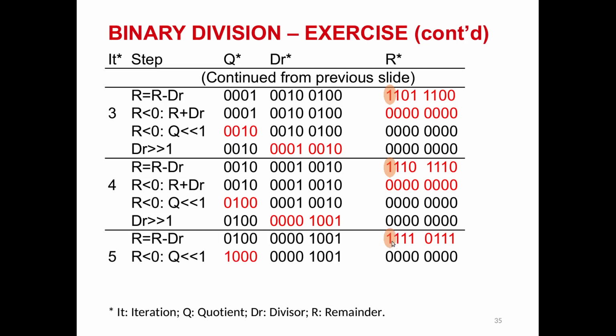is 1, and so we need to revert the value back to the previous one by adding R together with dr, and we also need to push the new value of Q, the bit 0, at the end of the previous Q, and shift everything 1 bit to the left, and dr, after that, will be shifted to the right, and we have this value, and we know that this is the final iteration.